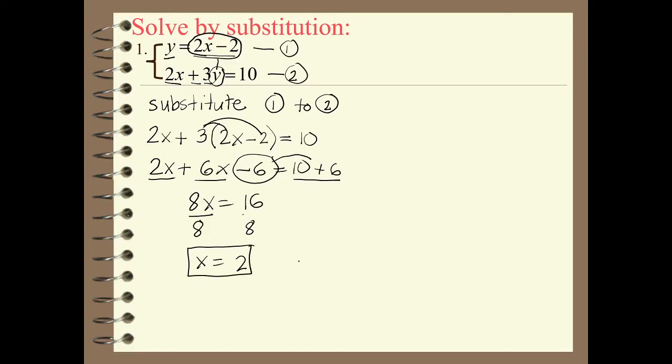Now, going back to our first equation, solve y. So we now have y is equal to 2x minus 2. Substitute 2 over x. So 2 times 2 minus 2, that is 4 minus 2. The value of y is simply 2.